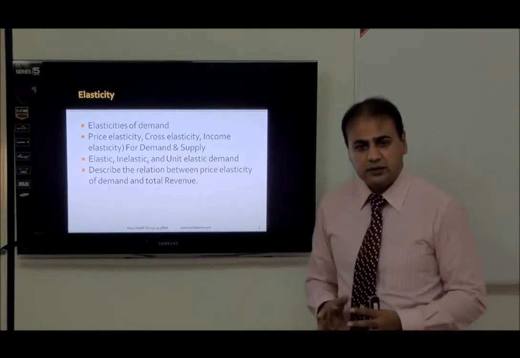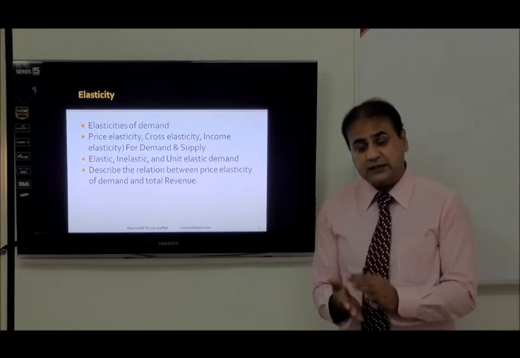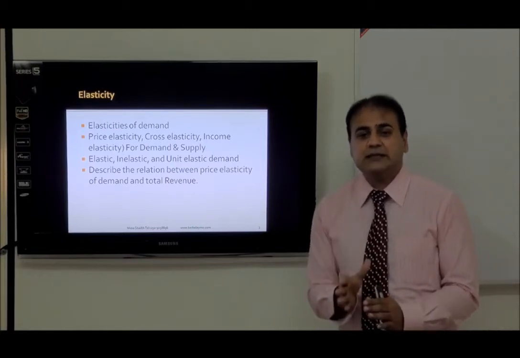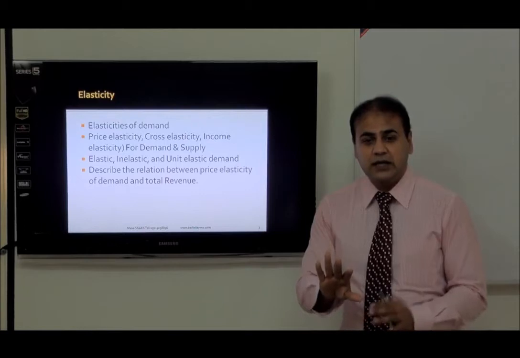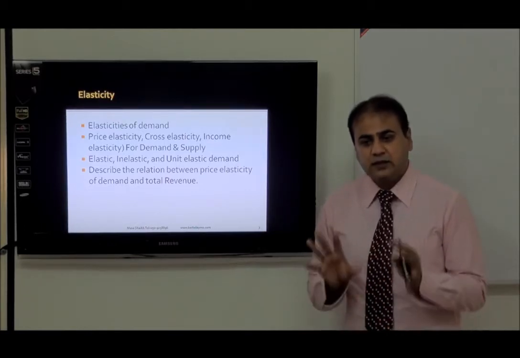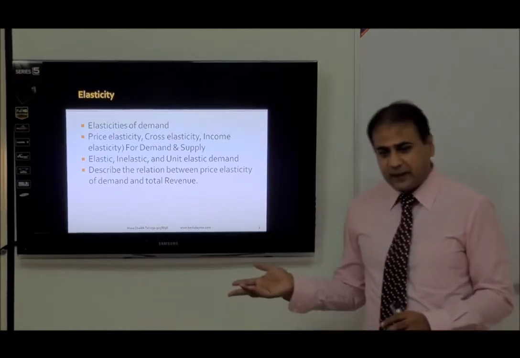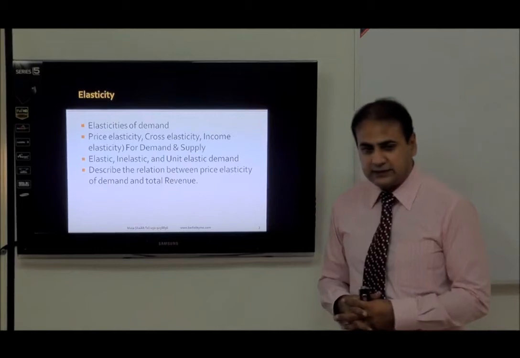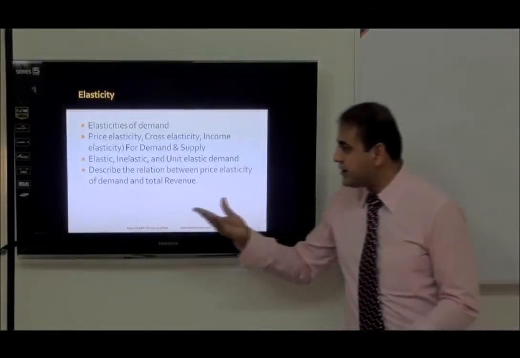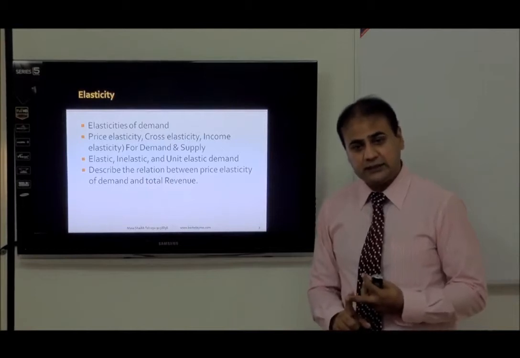It depends on the goods they are selling. First of all, it's the good, and the other is the goods' characteristics in terms of demand, elastic or inelastic. Some products are inelastic, like water and food. So as a pattern, we have to see whether our product is elastic or inelastic.